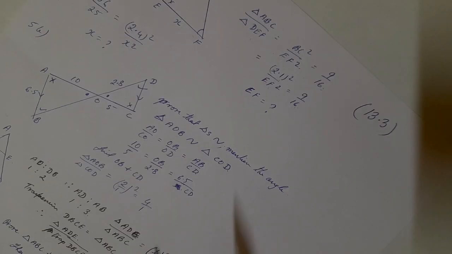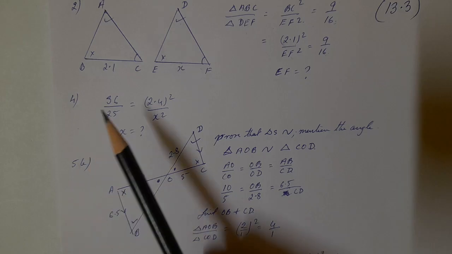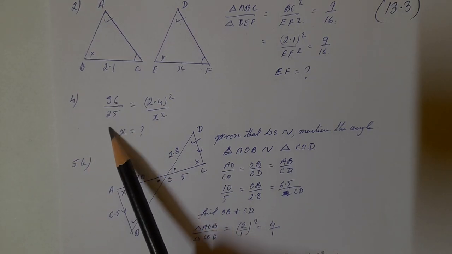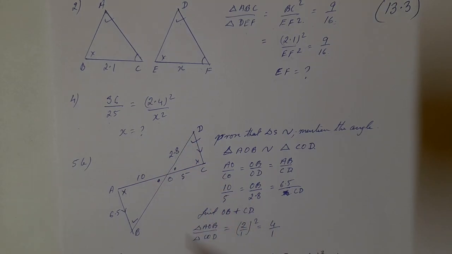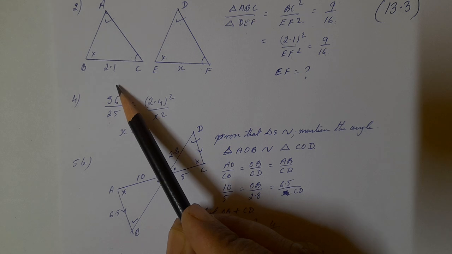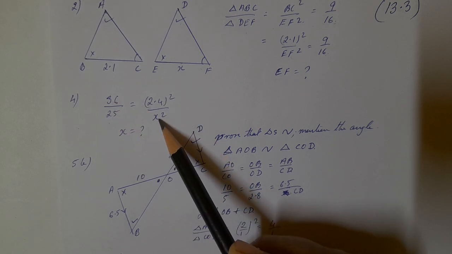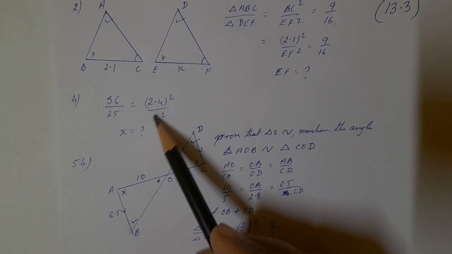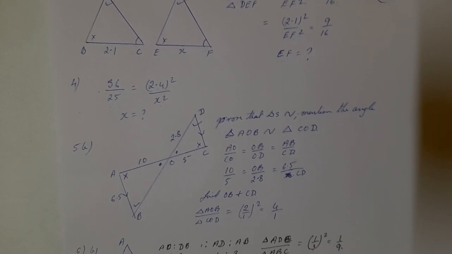I told you the area of the triangle is proportional to the square of the altitude. Go back to the theorem. The area is given as 36 and 25. The first one is 36, the second one is 25. The altitude of the first one is 2.4, so 2.4 whole square by x square. Find out x. Is that okay?